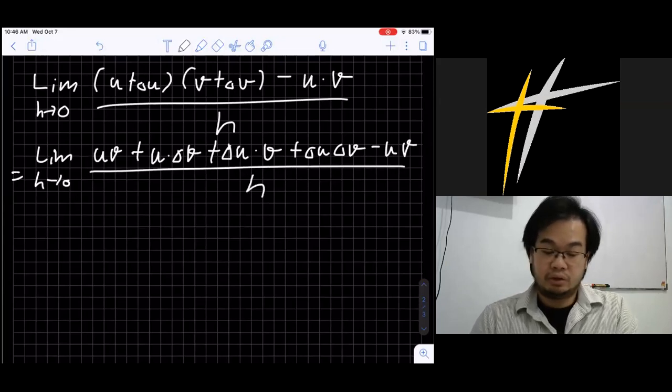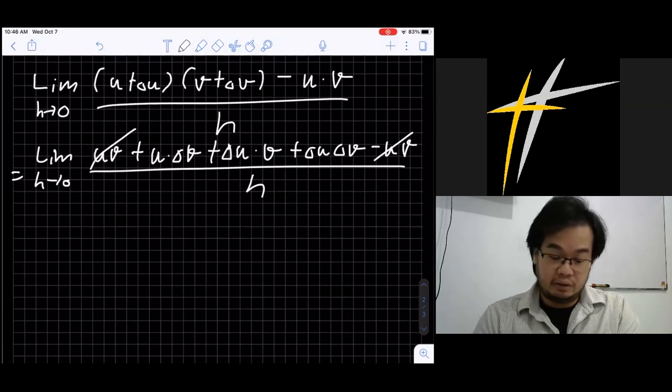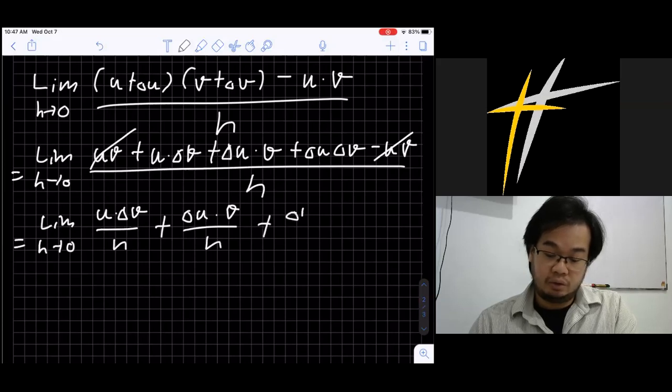Okay, so this is cancelled, and then I will separate it, so it becomes the limit of h approaching 0 of u times delta phi over h plus delta u times phi over h plus delta u times delta phi over h.